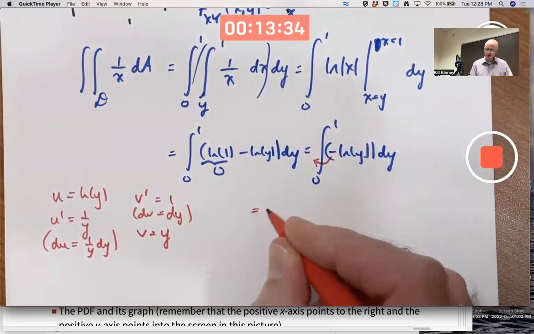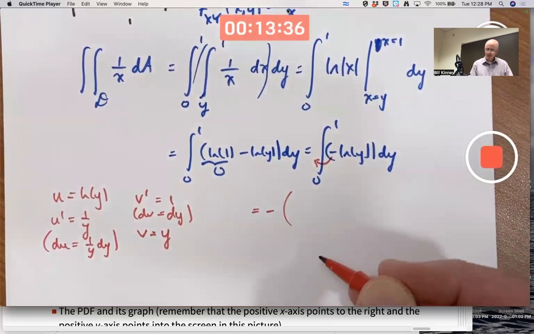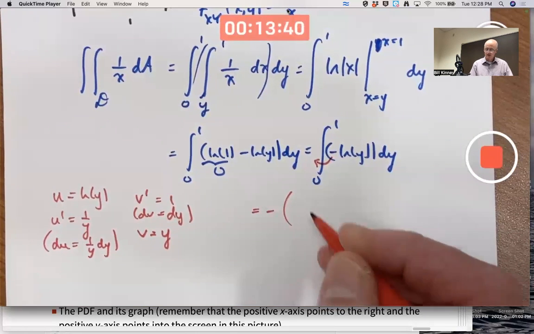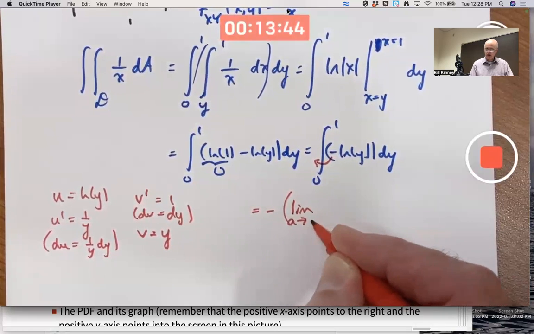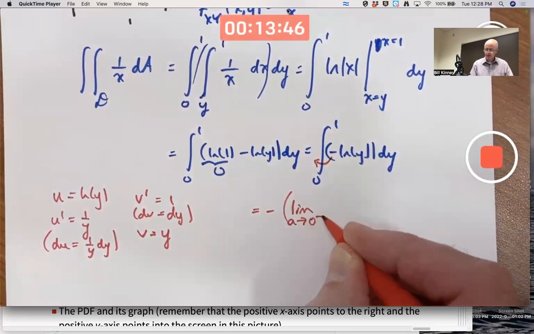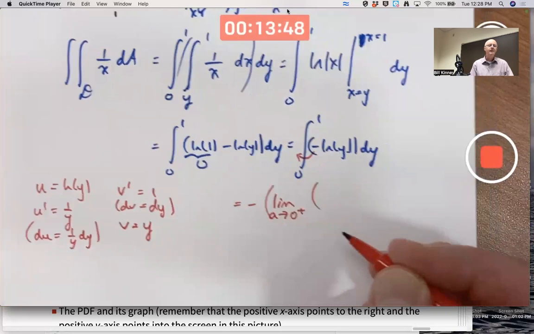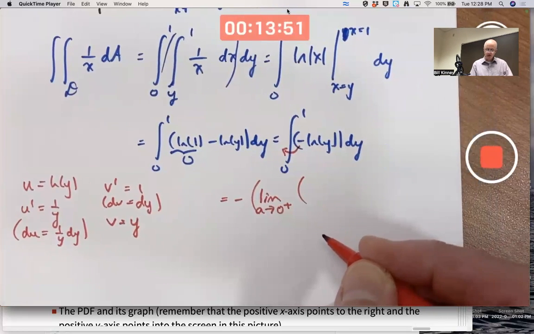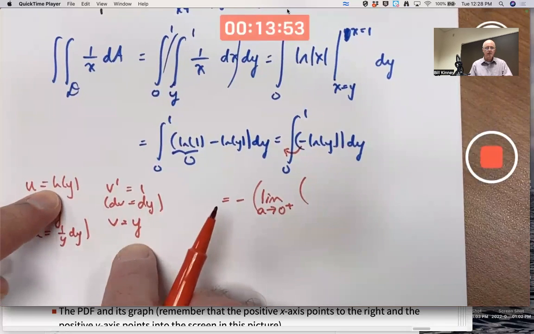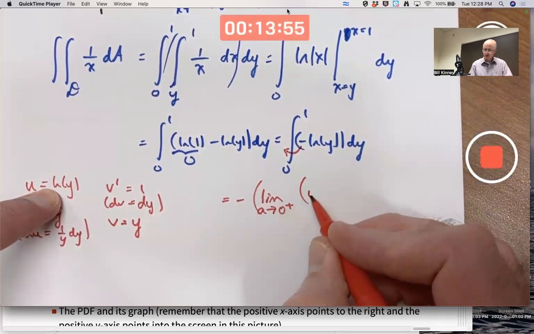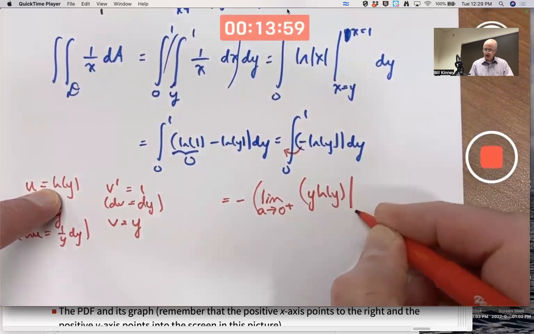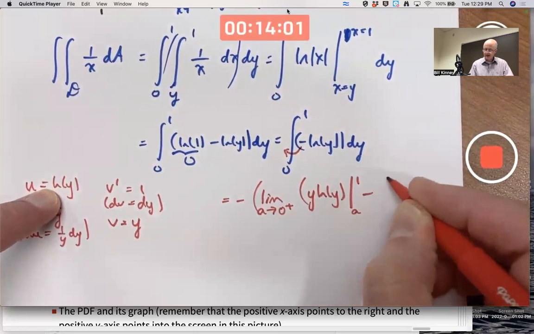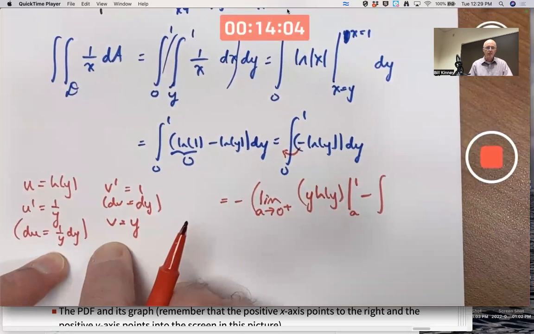So the integration by parts formula would tell you that this is negative. I probably should use a limit sign in here as well. The limit, as the lower limit of integration, a, call it, goes to 0 from the right. How does integration by parts go? It's u times v. Multiply those two things, y and natural log of y. Limits of integration would be a to 1 minus the integral of v times u prime.